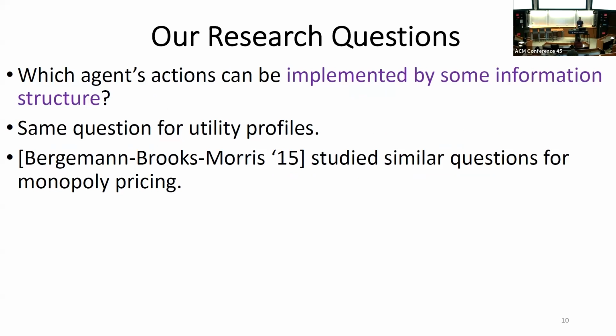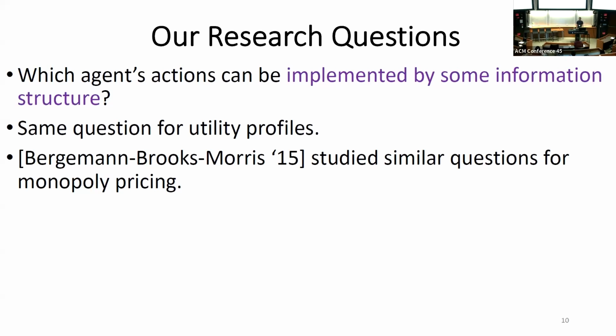Our first research question is, given that the regulator has complete freedom of choosing the information structure, which actions of the agent can possibly be implemented, meaning that the optimal contract would induce these actions. And we ask the same question for the utility profiles, meaning a pair of the utility of the principal and the utility of the agent.